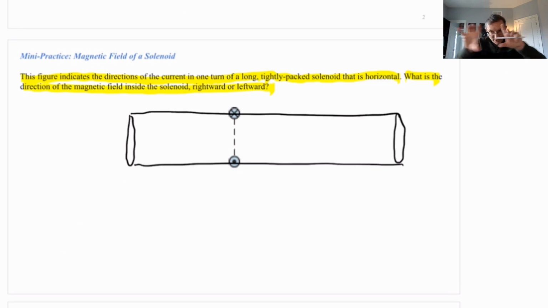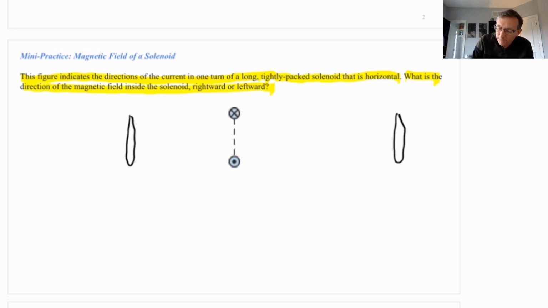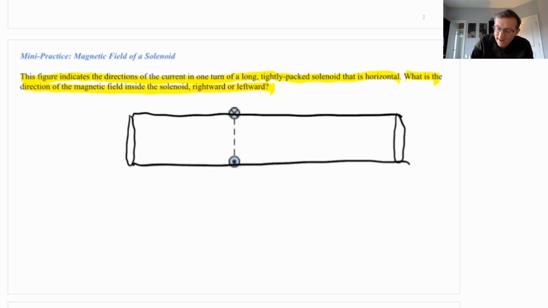As I imagine this cylinder right in front of me, at the bottom, the current is coming out of the screen towards me, up at the front, away from me into the screen at the top, and down at the back.